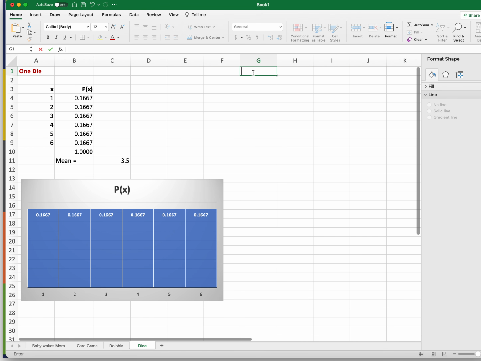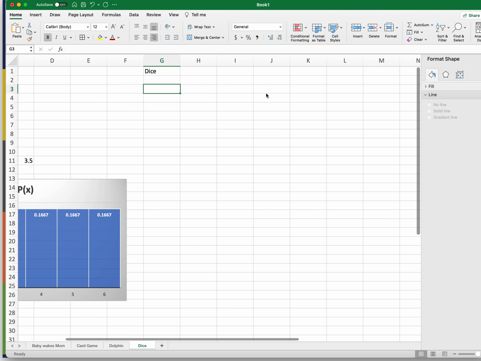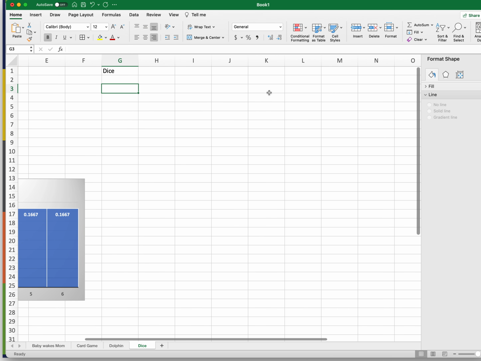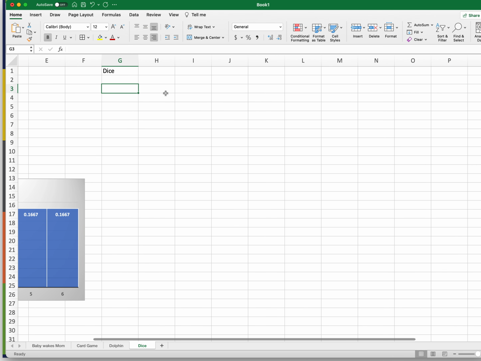A pair of dice. Well, what do we have here? How does this work? Let's move this over a little bit.